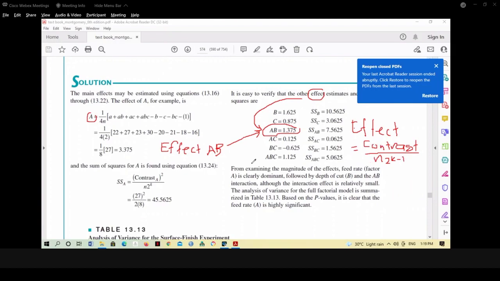So if you want to calculate the effect of AB, contrast AB divided by n times 2^(k-1), you will get similar to 1.375.